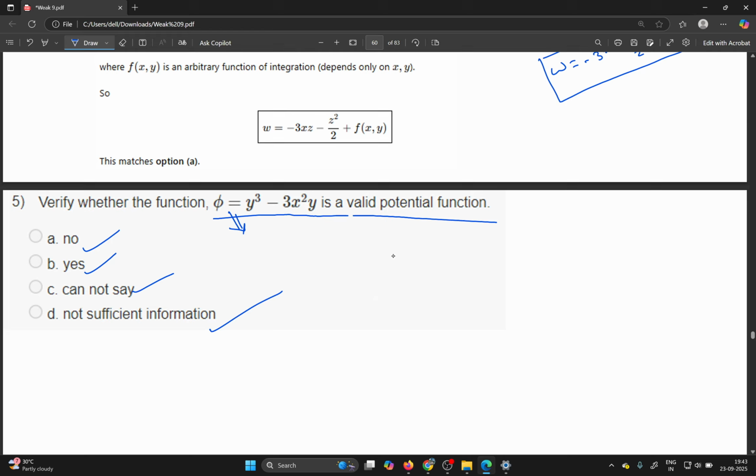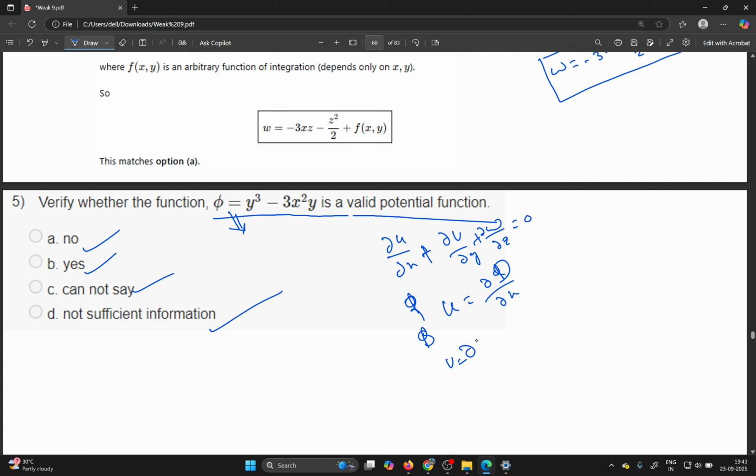As you know, this formula comes from the continuity equation already: del u by del x, del v by del y, and del w by del z. So here you have three unknowns u, v, w. You need to convert these three unknowns into one single unknown. So you have the single unknown in terms of phi.